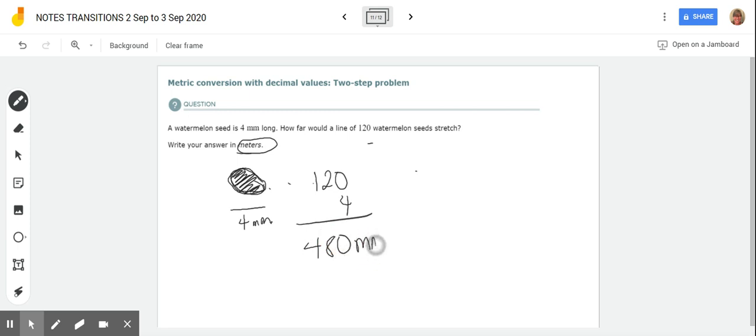That's millimeters. For this conversion, milli also means 1,000th. There are 1,000 in 1 meter, I should say. Sorry about that. Let's try that again. In 1 meter, there are 1,000 millimeters. So that means if we have millimeters, we need to get to meters, which means we're going to divide it by 1,000.